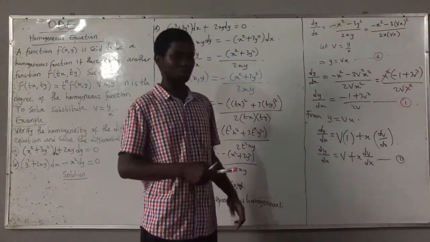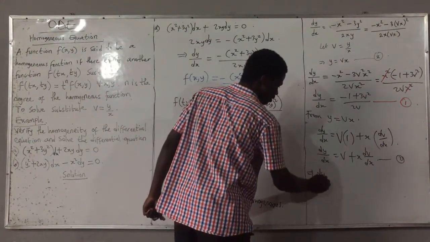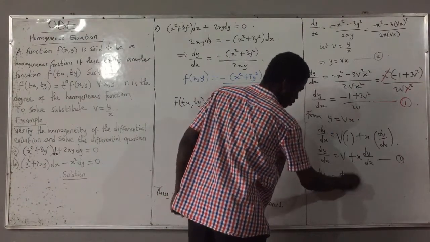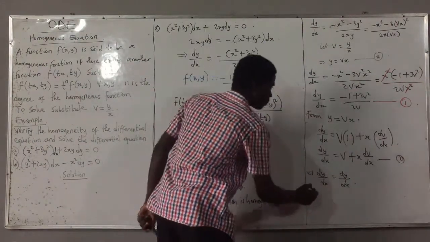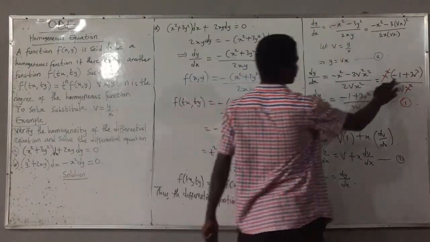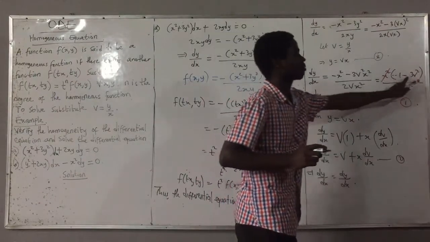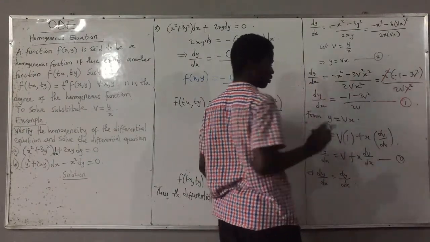So equate the two. Look at it. The dy/dx must be equal to the dy/dx. Are they not the same thing? What is dy/dx from equation 1? So this is minus, it's not plus. Do you understand?